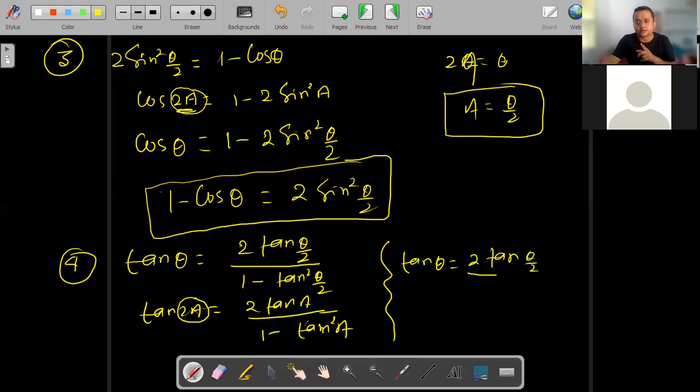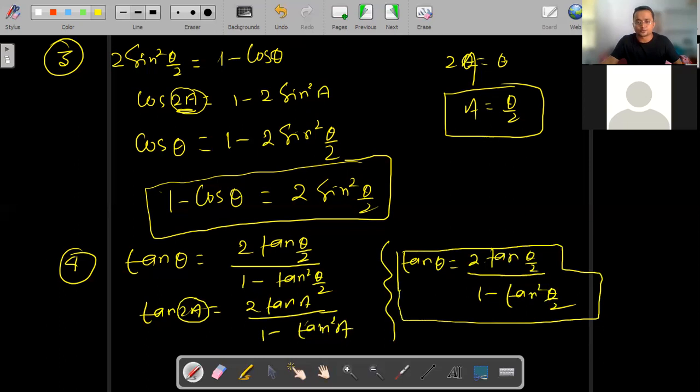So tan theta is equal to 2 tan theta by 2 divided by 1 minus tan squared theta by 2. Hope it is clear, everyone? Clear, sir.